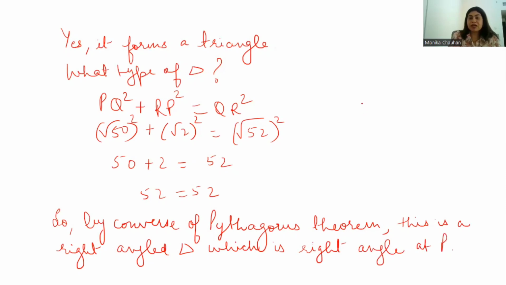So you will get a triangle like this. You will make this P, and you can make Q and R. And the distance is also visible: the distance PQ is coming as root 50 and RP is coming as root 2.